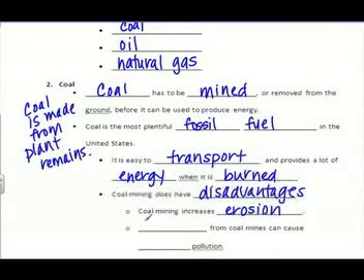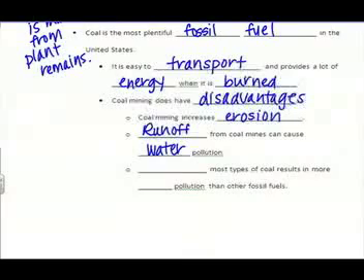You have runoff from coal mines that can cause water pollution. And burning most types of coal results in more air pollution than other fossil fuels.